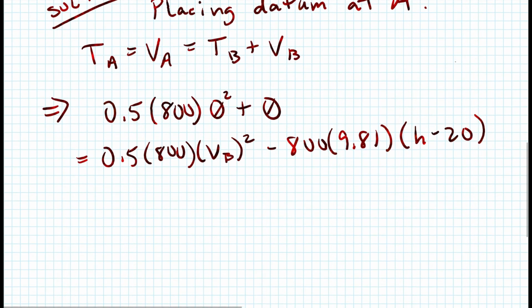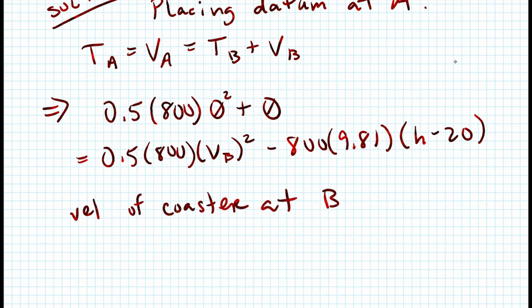We're going to find the required velocity of the roller coaster at B so it doesn't leave the track.